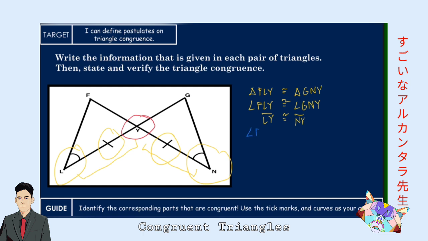So please take note that angle FYL is congruent to angle GYN because they are vertical angles. Vertical angles are formed when you have intersecting lines or segments. So this one is angle side angle, so this is by ASA.